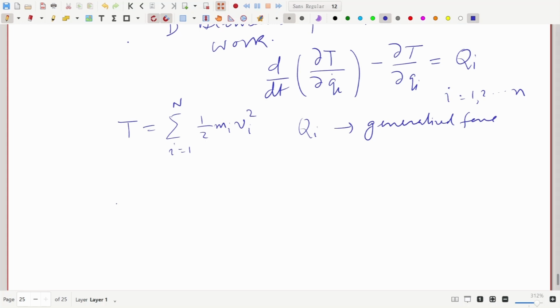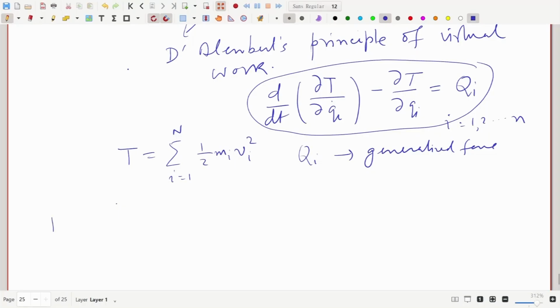That is why we consider virtual work done, and then the effect of constraint forces, and through that we obtain the equation which I just wrote here.